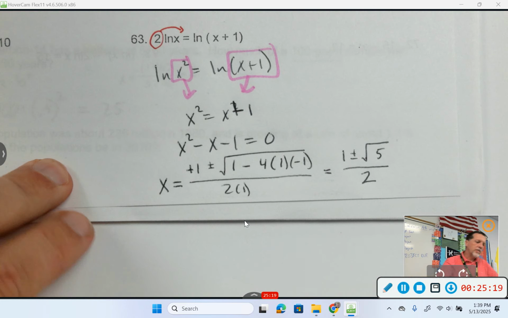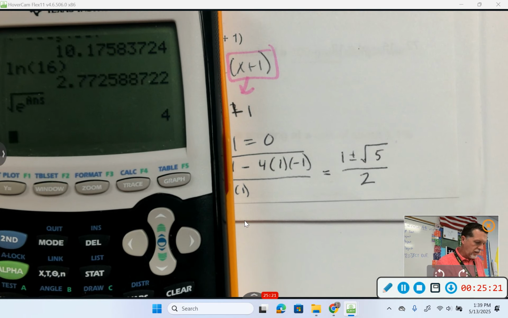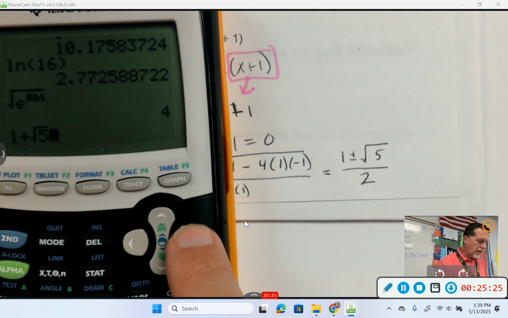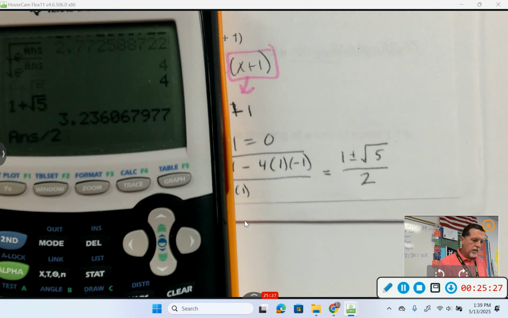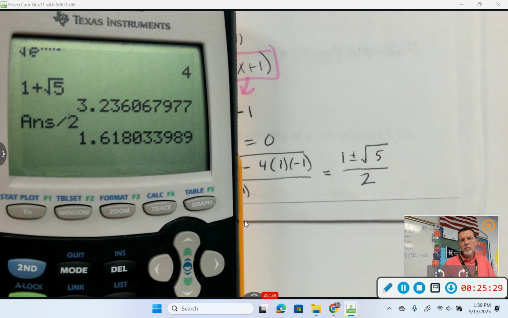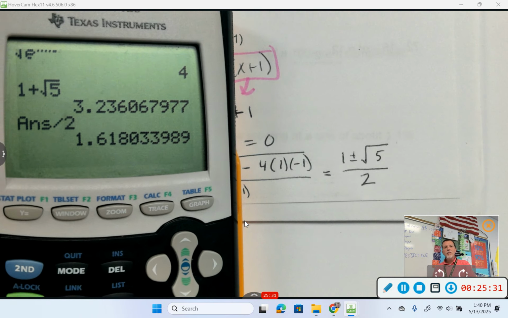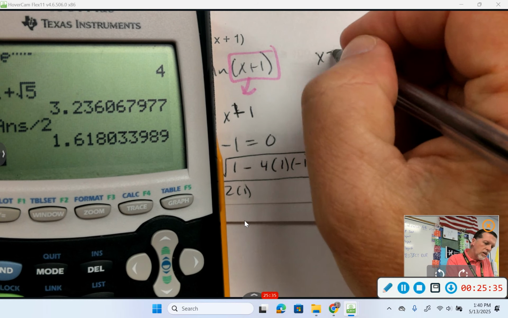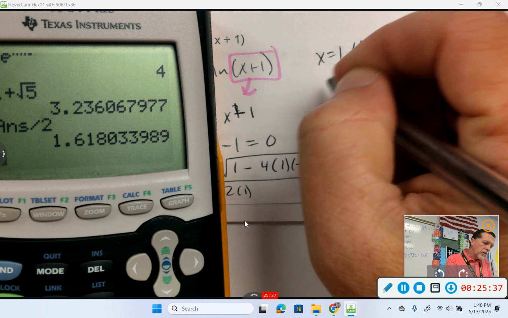Oh, I've got a calculator, so I don't have to figure out what that is. 1 plus square root of 5 divided by 2. I forgot to put it in parentheses, so rather than putting the parentheses back in, I just press enter and then divide by 2. So there's one of my answers.